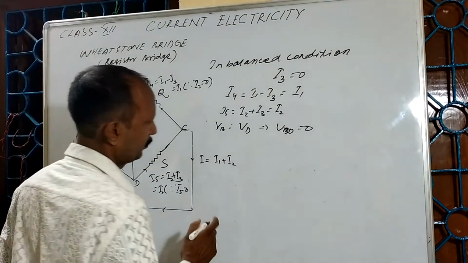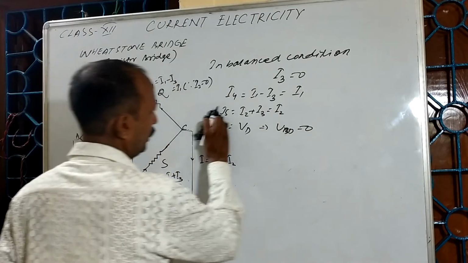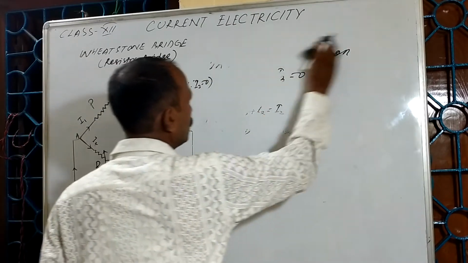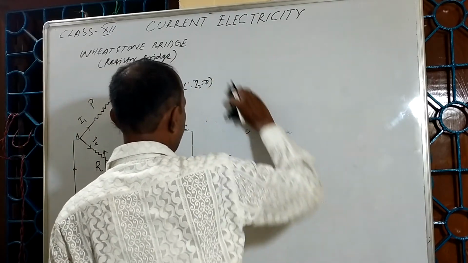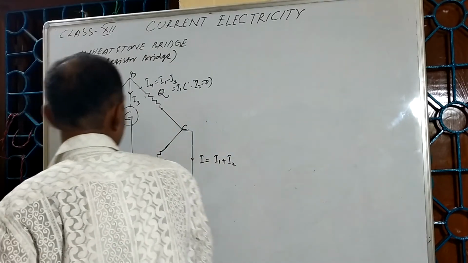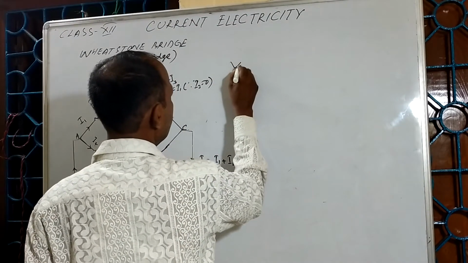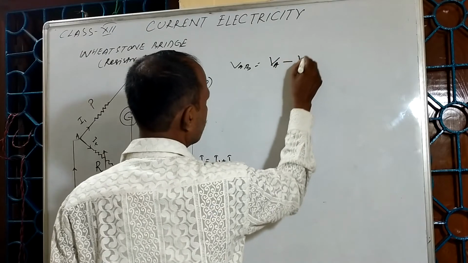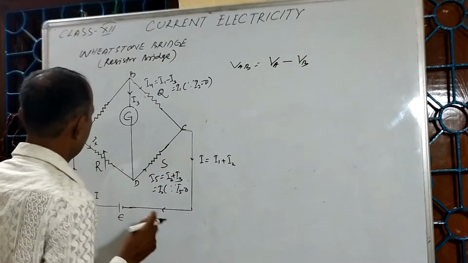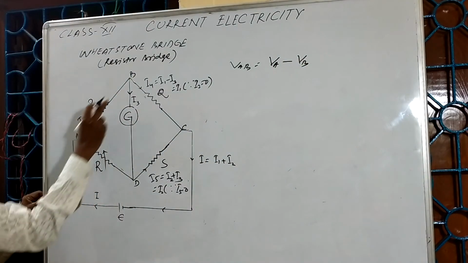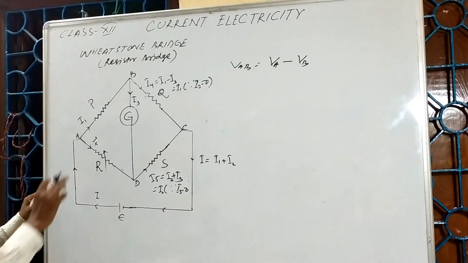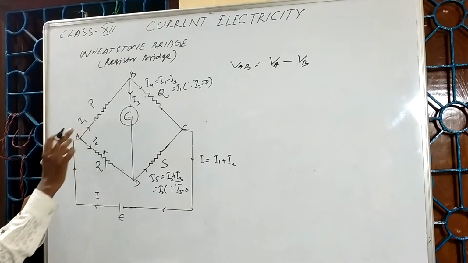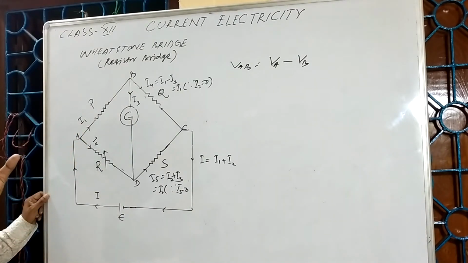Now let us see. Here I can say that the potential difference between A and B, I can write as potential at the point A minus potential at the point B. So how much is it? V equal to IR according to Ohm's law.